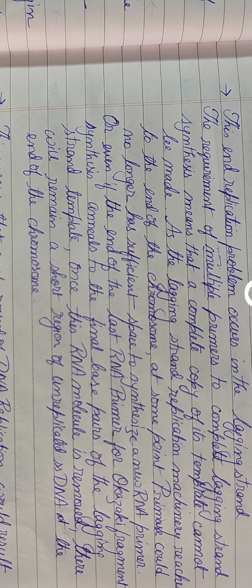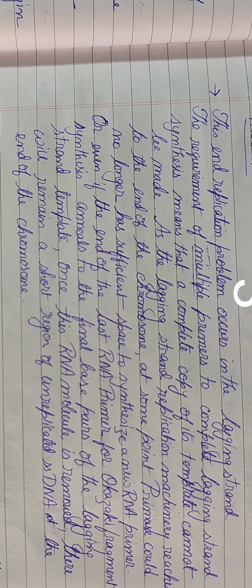Primase no longer has sufficient space to synthesize a new RNA primer. There will be a small gap. Within that gap, how will primase synthesize a primer, or how will the gap be filled by DNA polymerase?